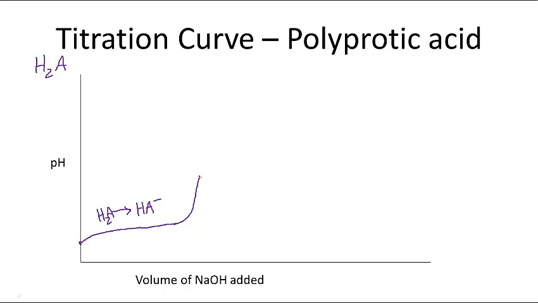But instead of jumping all the way up, that extra OH minus you add now doesn't just float freely in solution. What does it start doing? Starts taking away the second proton. So we see another buffering region. And I want to get the lengths about the same. So this would be where HA minus is being converted to A2 minus.